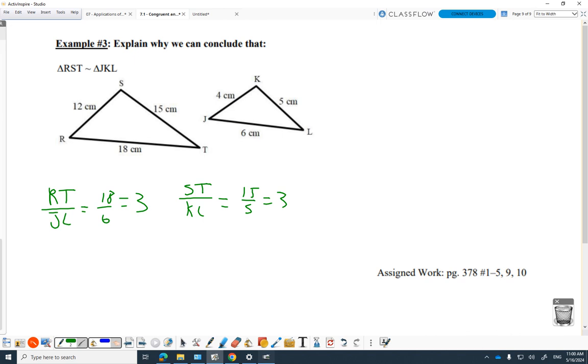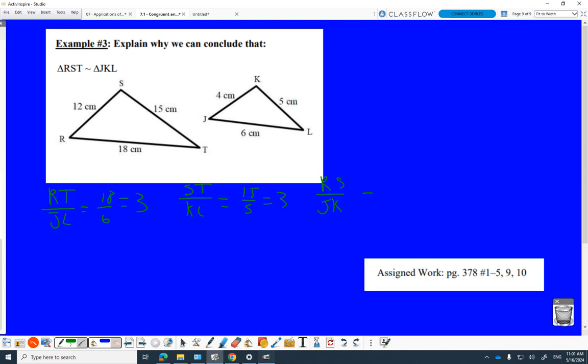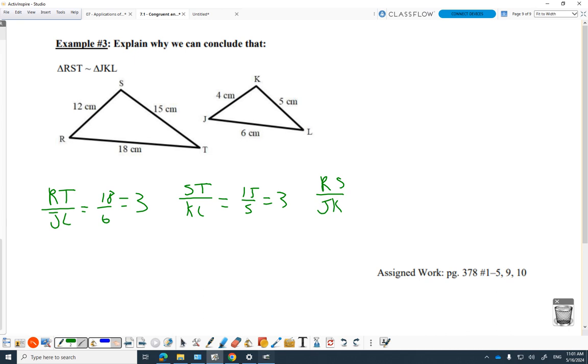Starting to look like they're similar. Got to check the last one, though. Check the smallest sides. RS over JK, 12 over 4 equals 3. Every side got multiplied by 3.